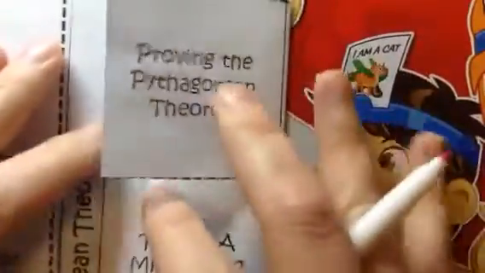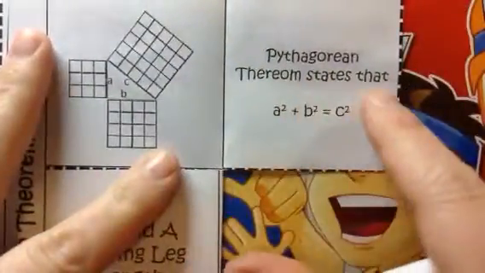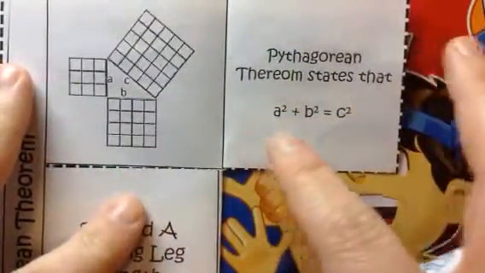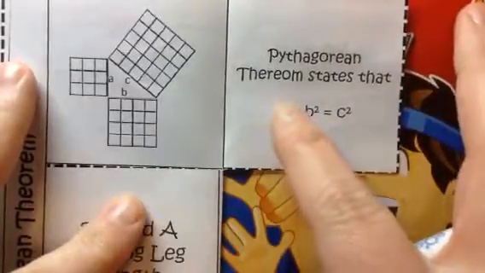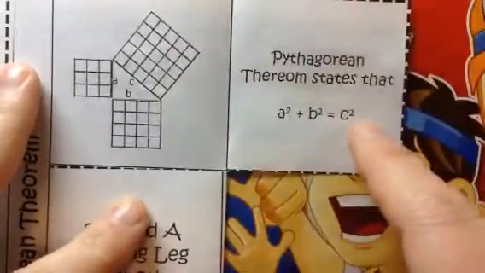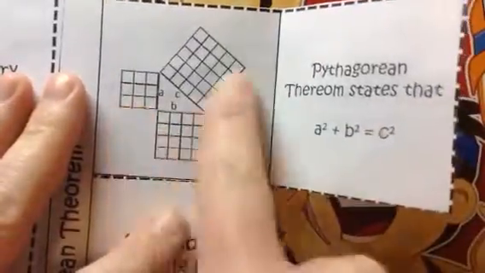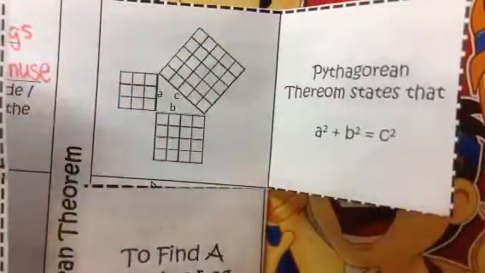Proving the Pythagorean Theorem. Okay, so the Pythagorean Theorem states that a squared plus b squared equals c squared. So you hear the word squared in this formula whenever we read it, because in truth it's really talking about the area of these squares.